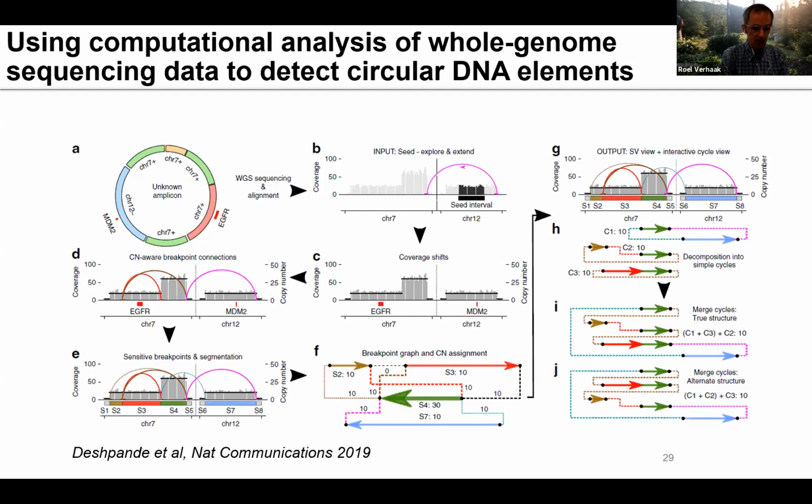In this recent paper, and I think they've now renamed the tool AmpliconReconstructor, they show how you can use a seed region to determine a graph that can then be related to being circular. If you follow the steps of the figure, you can sort of understand the sequence of steps that the tool takes to arrive at a conclusion of an amplification being linear or an amplification being circular.